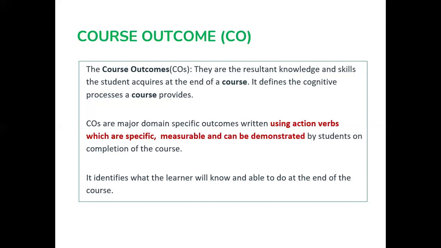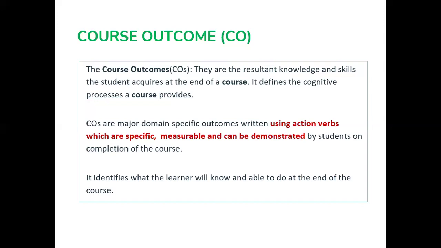It defines the cognitive processes a course provides. If you are starting a course at the beginning of the semester, by the end of the semester, what are the skills or the knowledge acquired by that student? That is the course outcome.